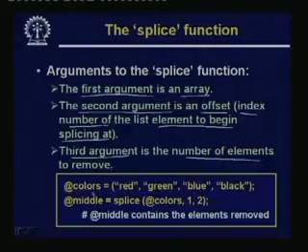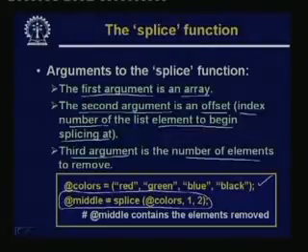Let us take an example. Colors red, green, blue, black, say this is the initial array. Then we give a command like this: splice colors 1, 2. What will this command do?